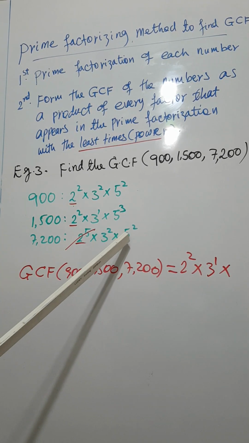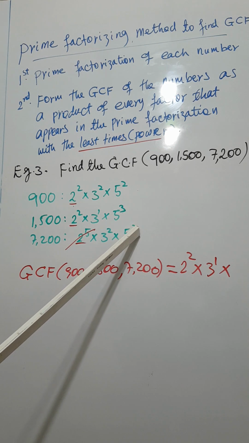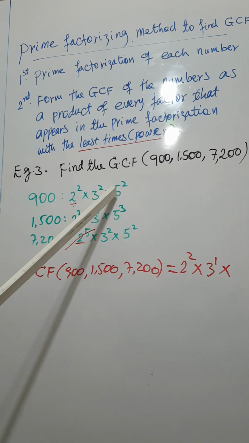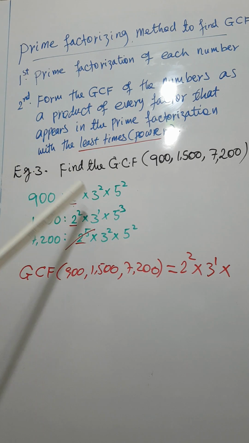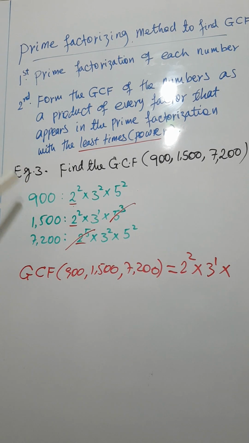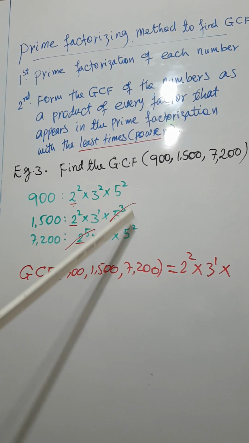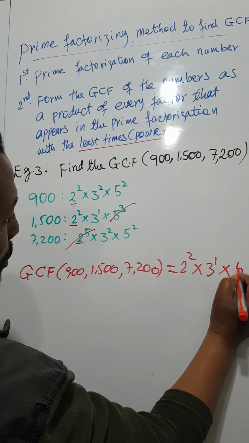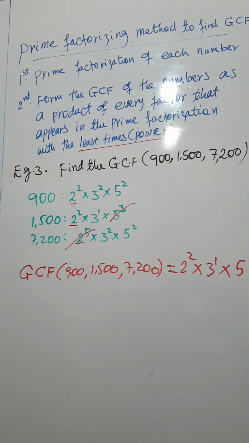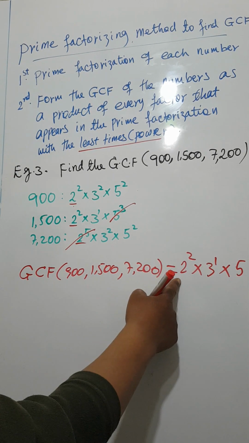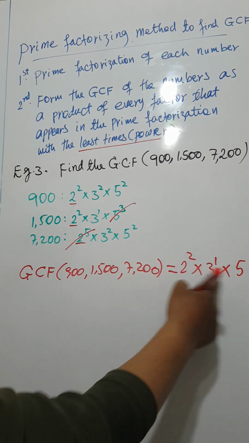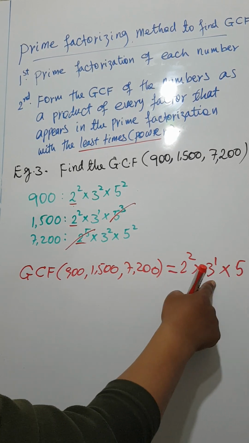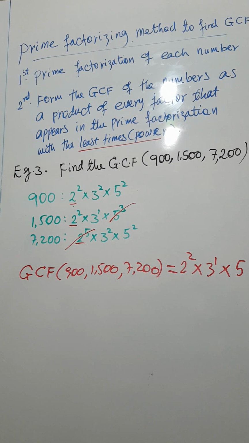Now here we have 5 to the power of 2, 5 to the power of 2, 5 to the power of 3, and 5 to the power of 2. So 5 to the power of 3 is the bigger one, and 5 to the power of 2 is taken as common. So what is the product? 4 times 25 is 100, 100 times 3 is 300.